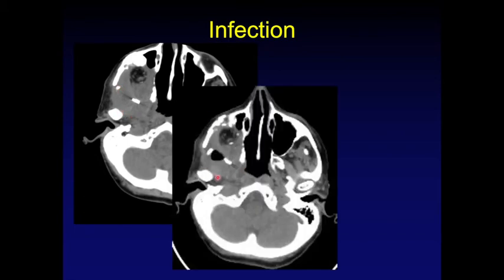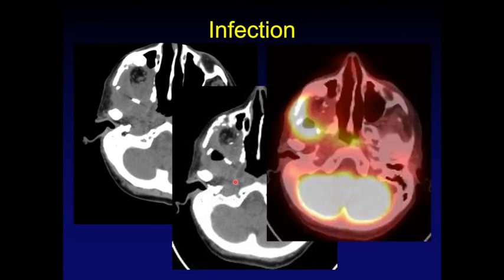Here is the CT after a couple of weeks. I thought maybe this is a response to therapy with a fistula formation. Here is the PET, and there's extensive FDG uptake. I felt like that really confirmed that this was all tumor.